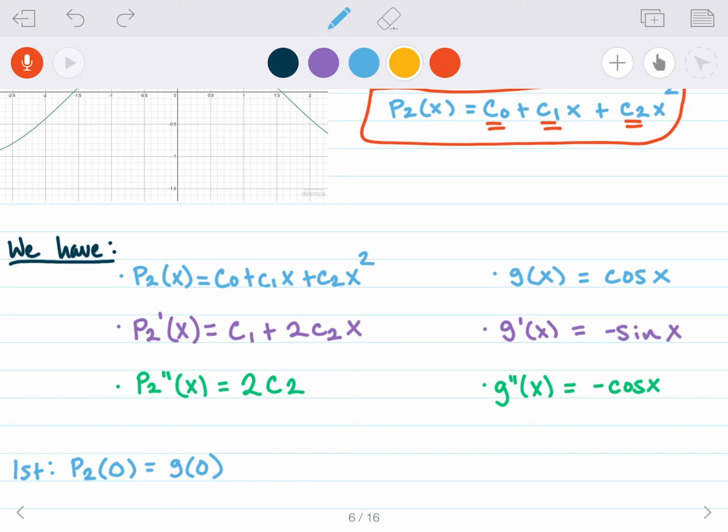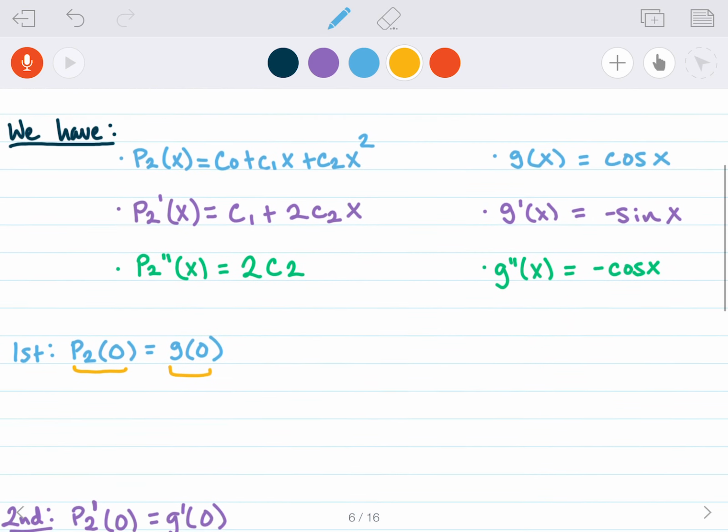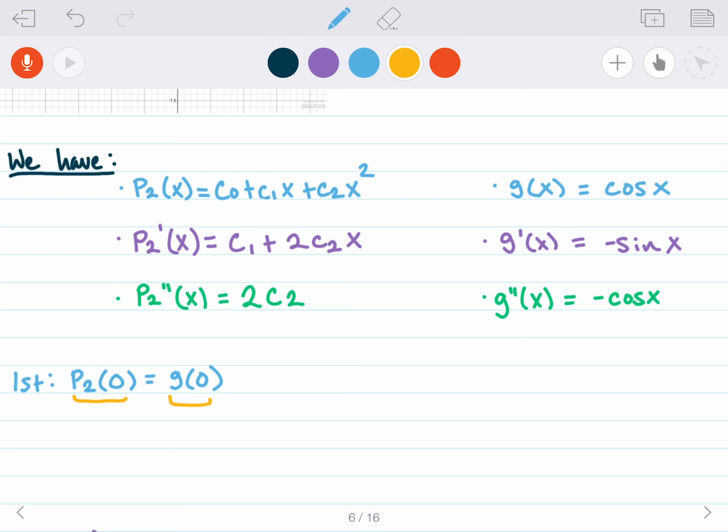Okay, so the first condition we want to meet is we want to be able to get the same output for both the quadratic and the regular function at 0. So when I plug in 0 for x into my function up here, I get c0 plus c1 times 0 plus c2 times 0 squared, and that's going to equal g of 0.